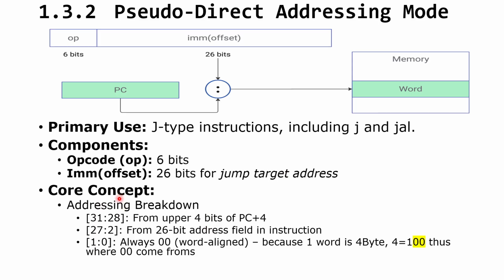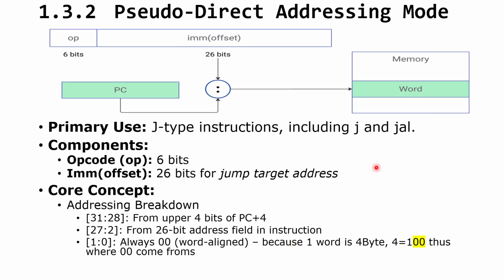Okay, so the addressing is divided into 3. The first 4 upper bits come from the upper 4 bits of the PC plus 4. Then we combine it with the 26 bits in the offset, which come not from the current PC, but from the target address.